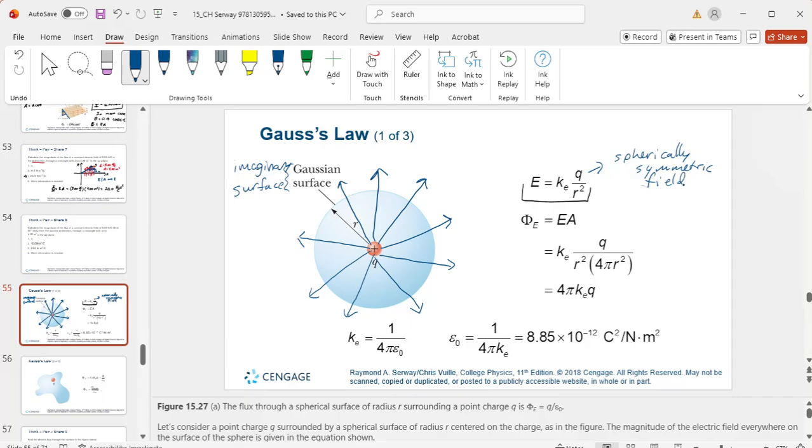So my field is spherically symmetric. The entire point of Gauss's law is to try and evaluate what the field is at some point in space.